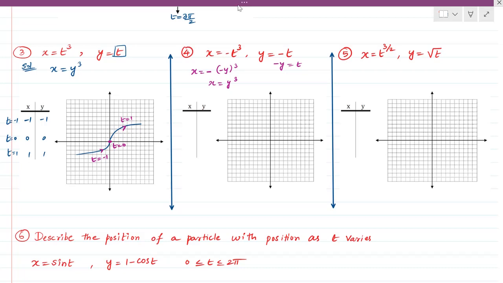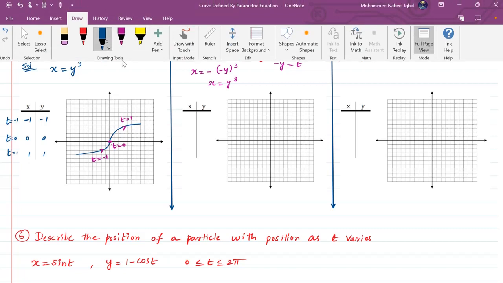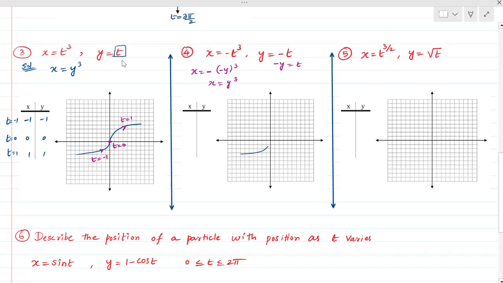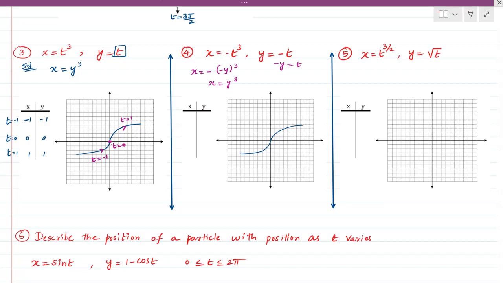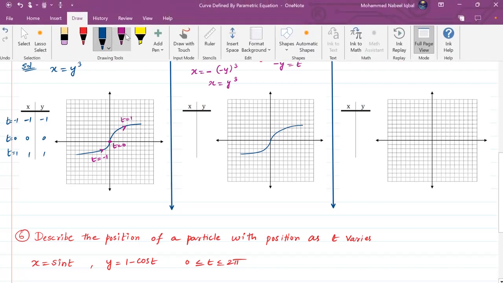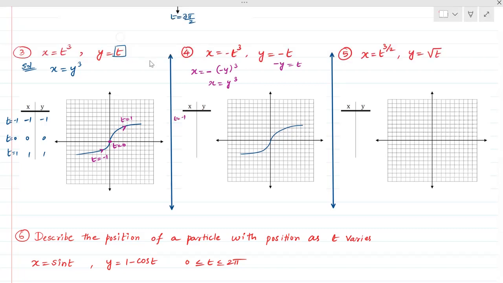But the very important thing is, you will have the same graph, but the very important thing is the direction. Where is the t value? So when I substitute t equal minus 1, t equal 0, t equal 1, what value will we find? When I substitute minus 1, it becomes plus 1.